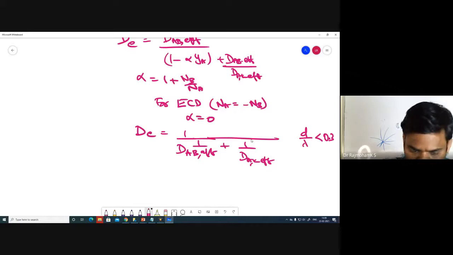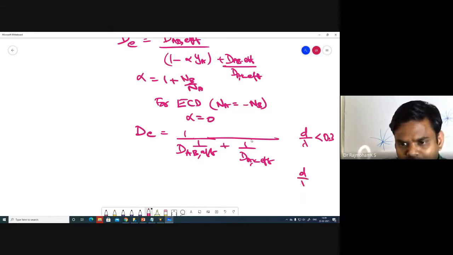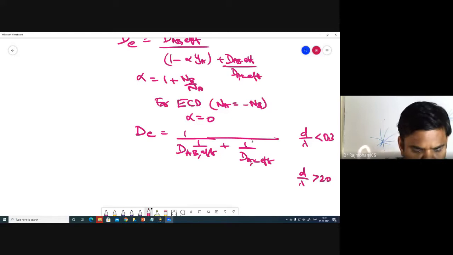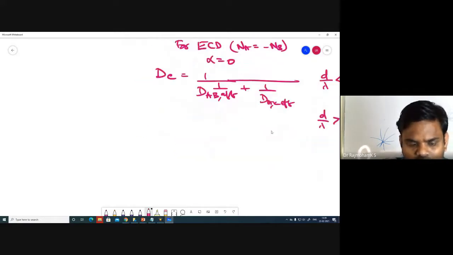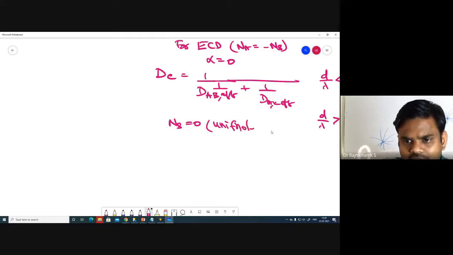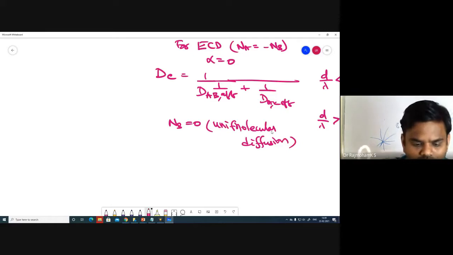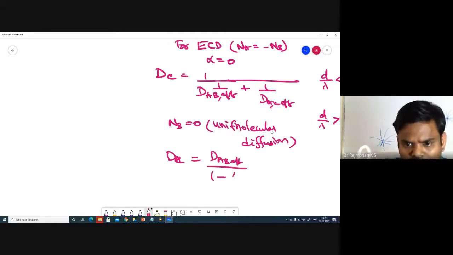Similarly, for the case of unimolecular diffusion, when NB equals 0, we simply get the simplified expression D effective equals DAB effective by 1 minus alpha YA. So that is the expression.